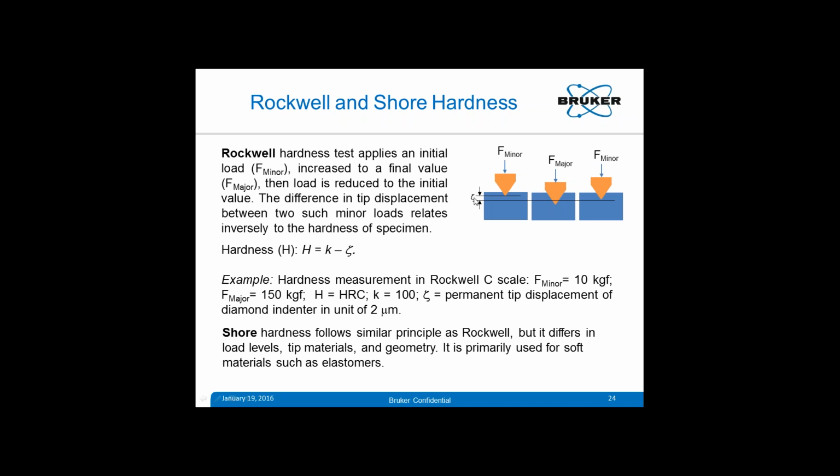Suppose the displacement is J, you use this formula to calculate the hardness. The softer the material is, the more the tip displacement will be, hence the hardness will be less. That's the way it is calculated.